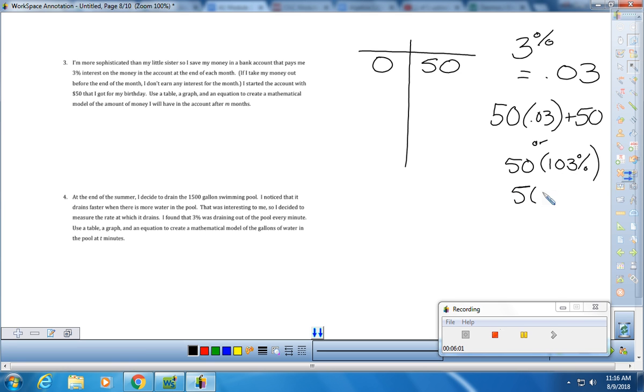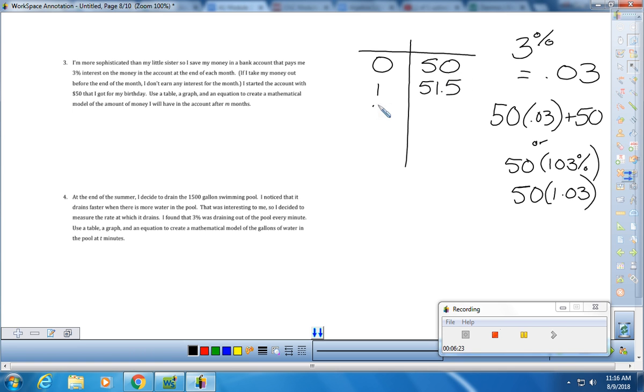So that's 50 times 1.03, and that's how much we're going to have after 1 month. So 50 times 1.03 is going to be 51.5.